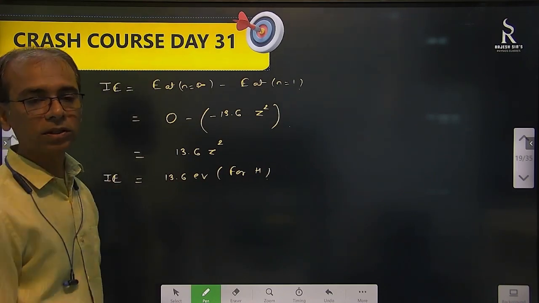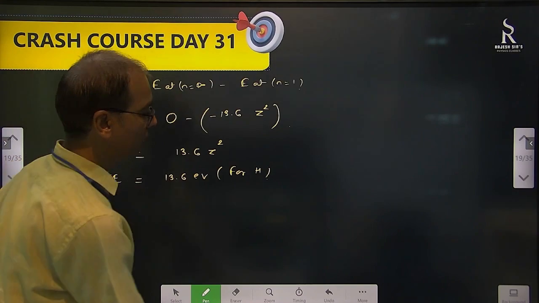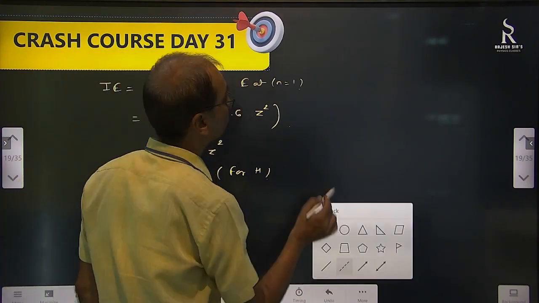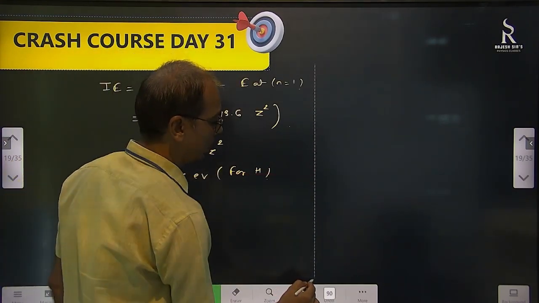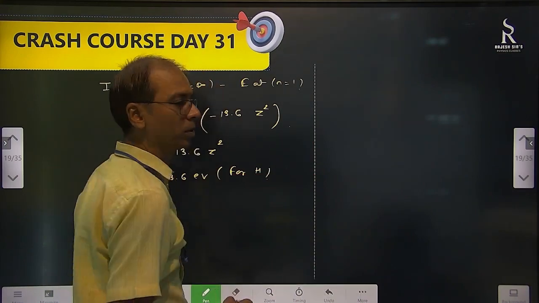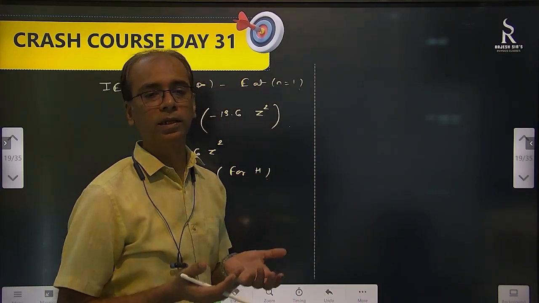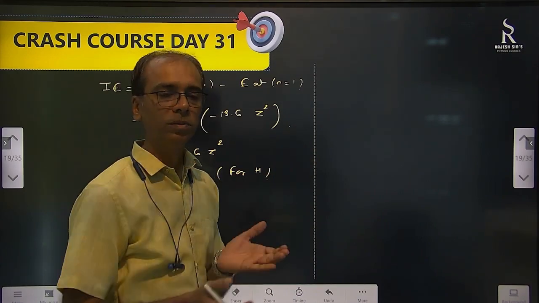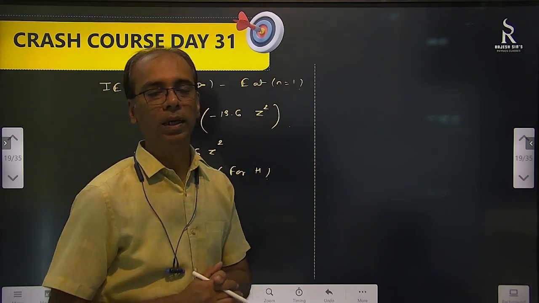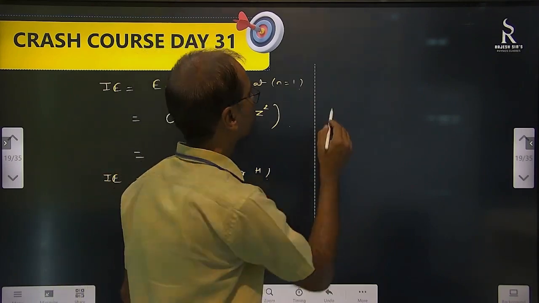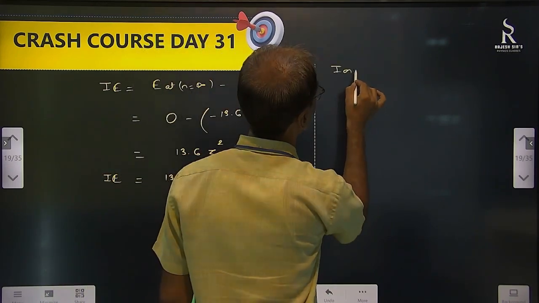Now sometimes they ask you ionization potential also. What is ionization potential? Ionization potential means with what potential difference we accelerate the electron so that it jumps from ground state to n equal to infinity.